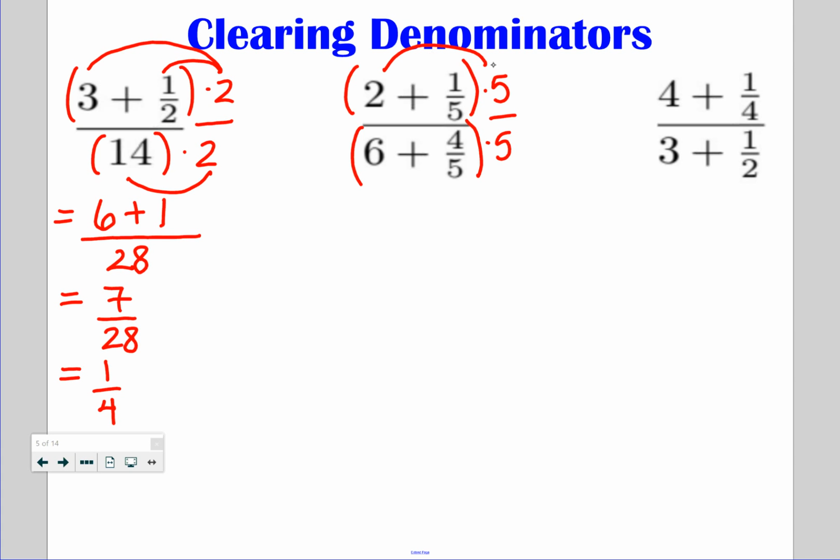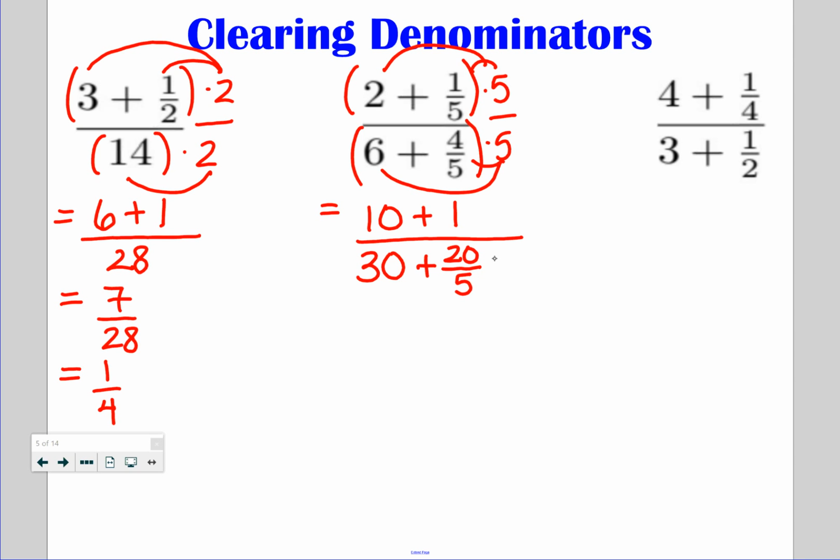Making sure to multiply 5 through every term in this fraction. 2 times 5 on top is going to give me 10. 1/5 times 5 is going to give me 1. 6 times 5 is going to give me 30. And 4/5 times 5, we're multiplying 5 in the numerator, which gives me 20.